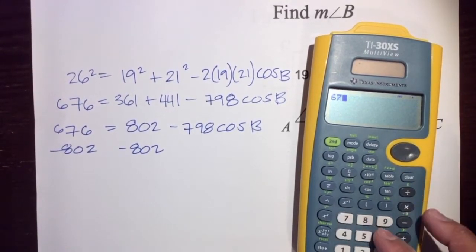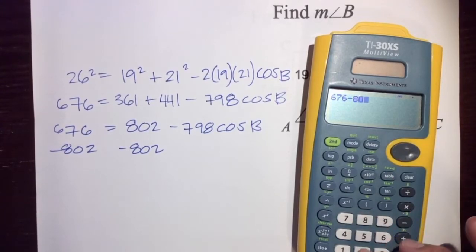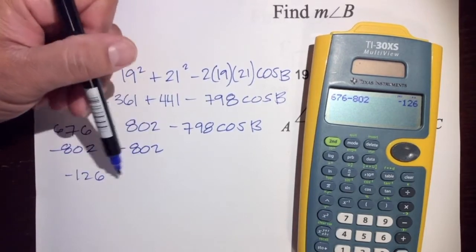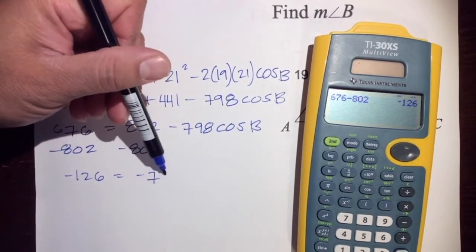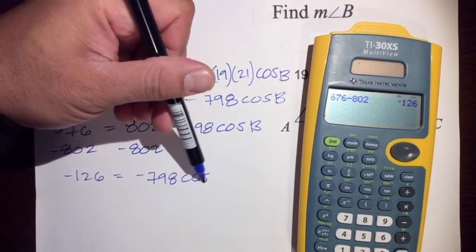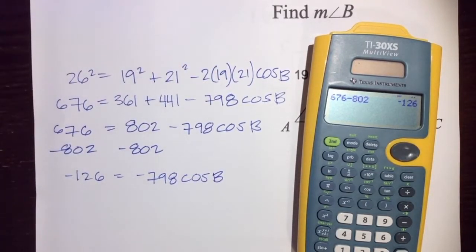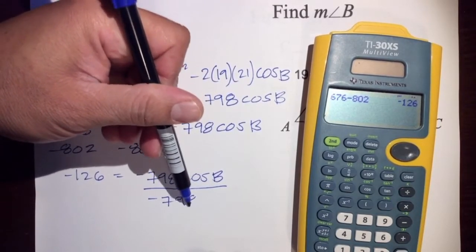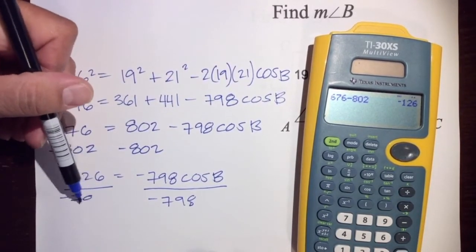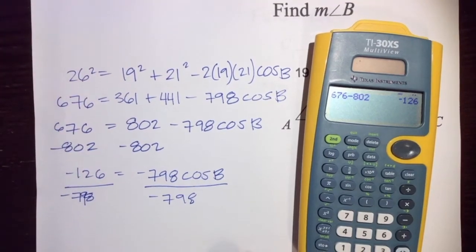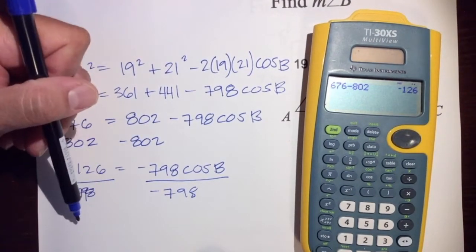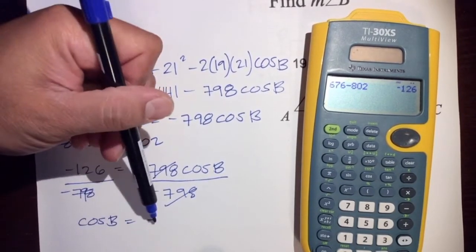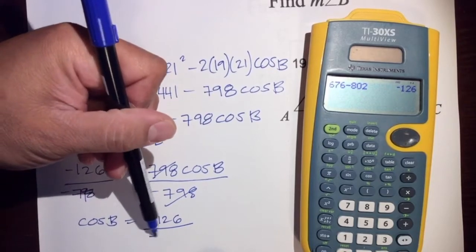So 676 minus 802 is negative 126 is equal to negative 798 cosine of b. And we're going to divide both sides by negative 798. Make sure I wrote that 98 correctly. And we'll have cosine of b, these cancel out, is equal to negative 126 over negative 798.